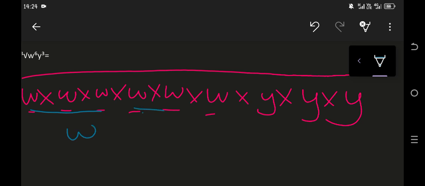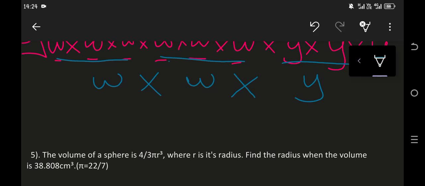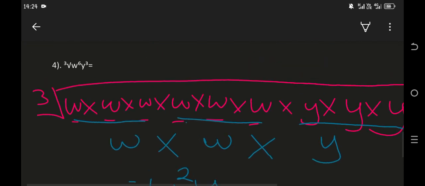Then we have 1, 2, 3, another w from here, and 1, 2, 3, a y from here. So your answer will be found with w times w times y. So what is w times w? This is w squared times y. So our answer is w squared y. That is the cube root of w squared y cubed.